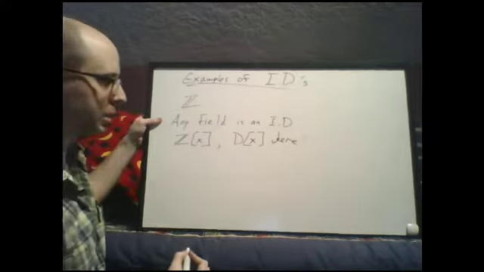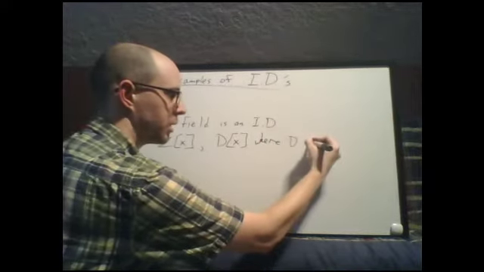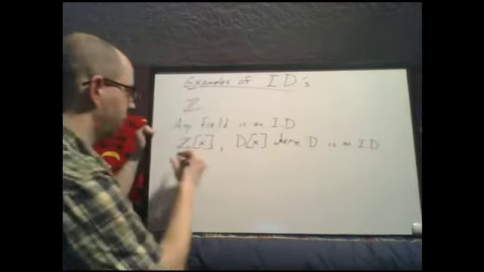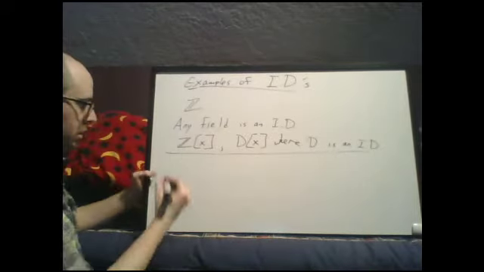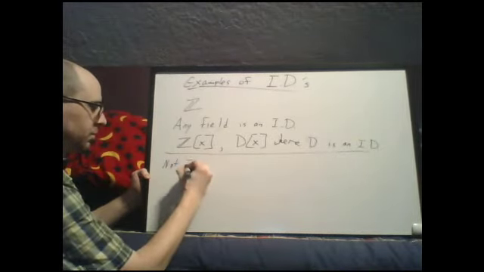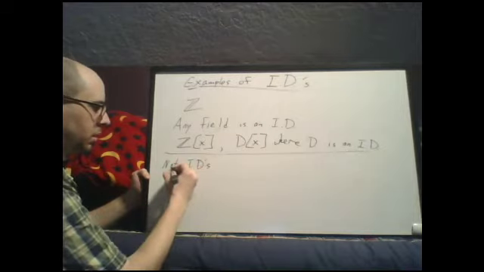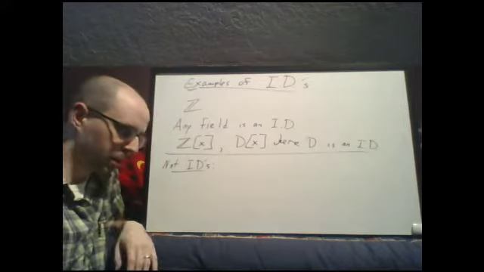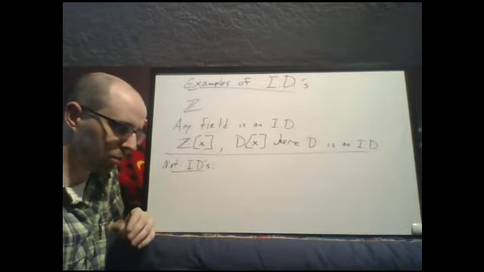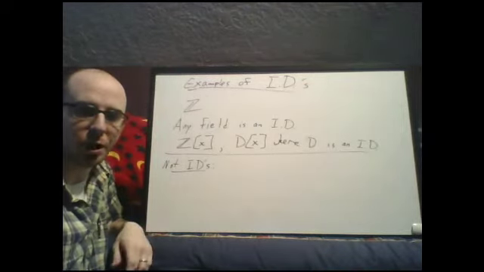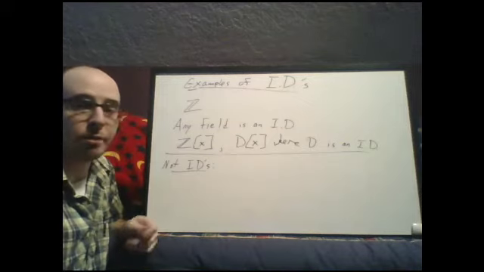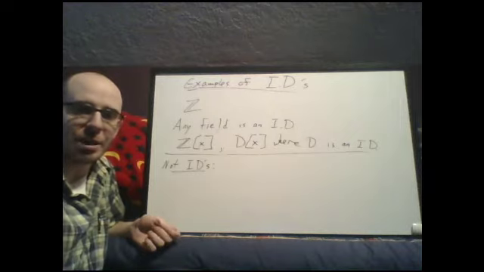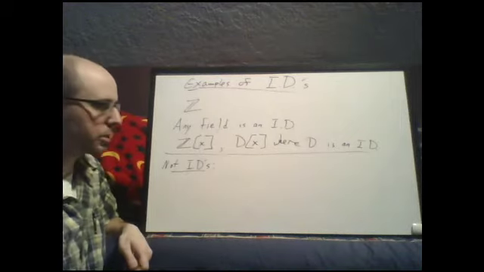So D[x], where D is an ID already. Now, examples that are not integral domains. Well, if you go back to what we just got through talking about, zero divisors, any of those examples of zero divisors, the ring that we were talking about for that example can't be an integral domain because we found some zero divisors.